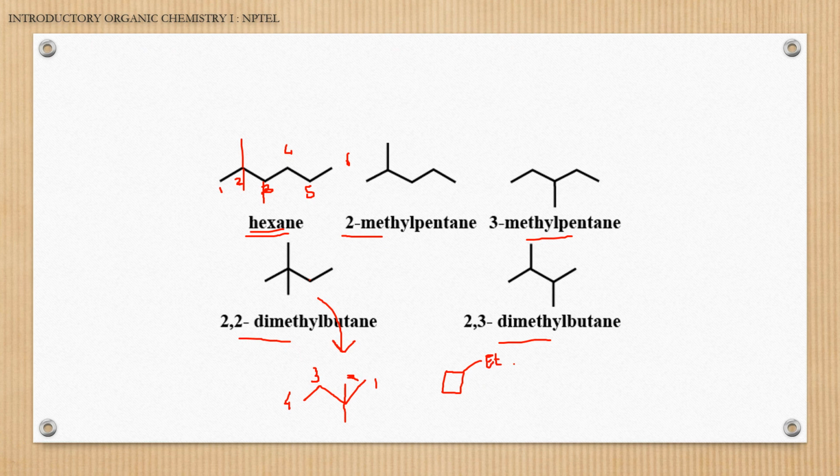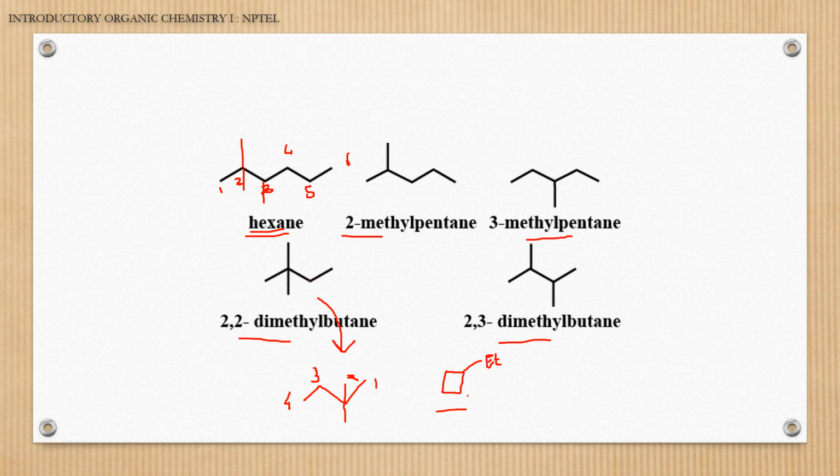Hydrogens won't comply. The number of hydrogens present in this hexane system is not the same, so that is why it is not an isomer of this hexane system. Here the number of hydrogens is less, right?